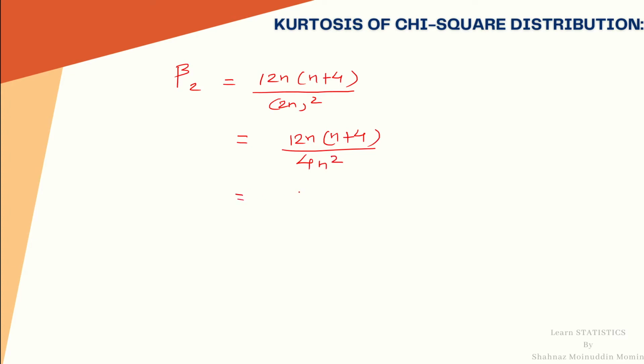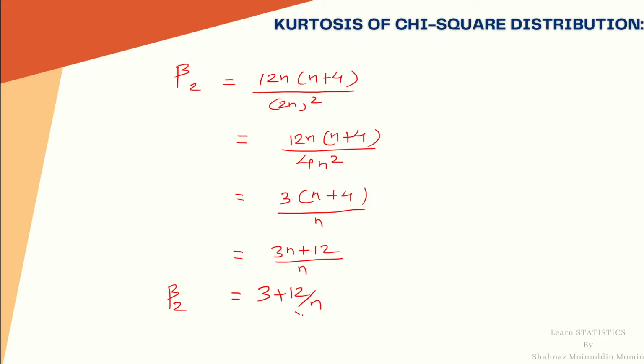So it is 3 into n plus 4 divided by n, which is equal to 3n plus 12 divided by n. After dividing each term by n, we get 3 plus 12 upon n. This is the value of beta 2.